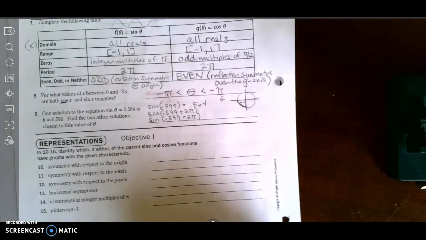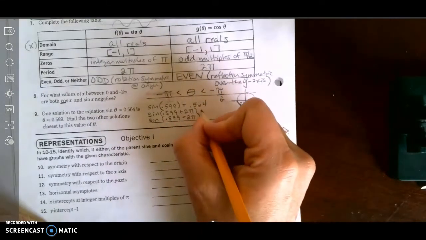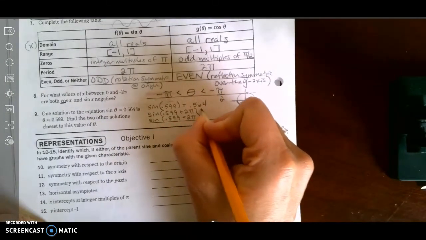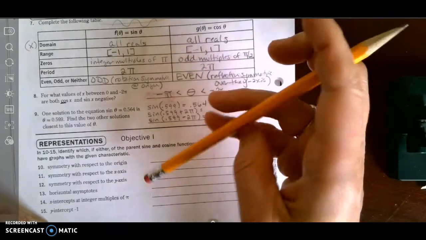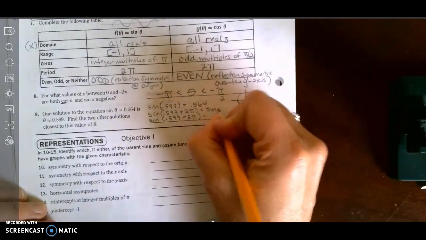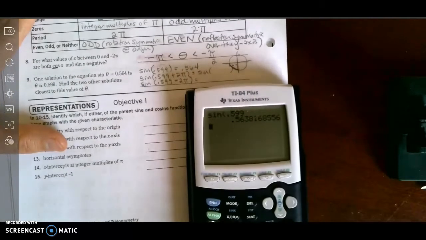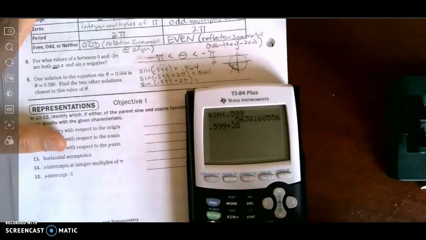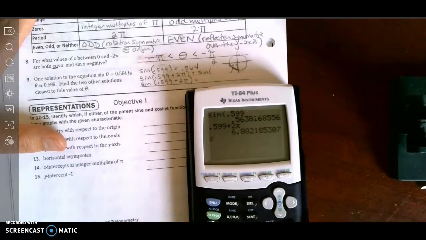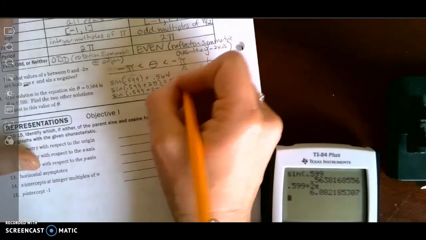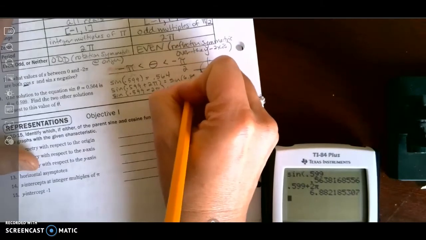Those would be the ones that are closest. Okay, so I'm going to go ahead and use my calculator. 0.599 plus 2 pi is 6.882.